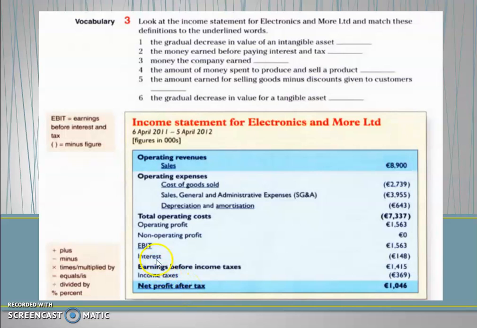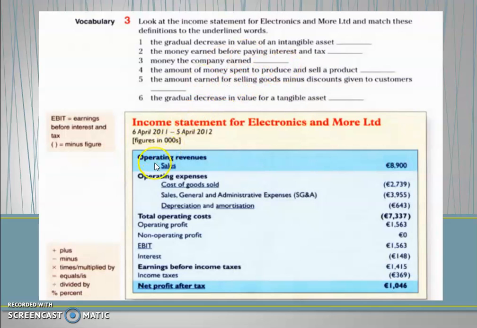So 1, 2, 3, 4, 5, and 6. Use these words to answer here. These are the definitions, and you are going to use these words from the income statement. Don't forget, don't use any other words.